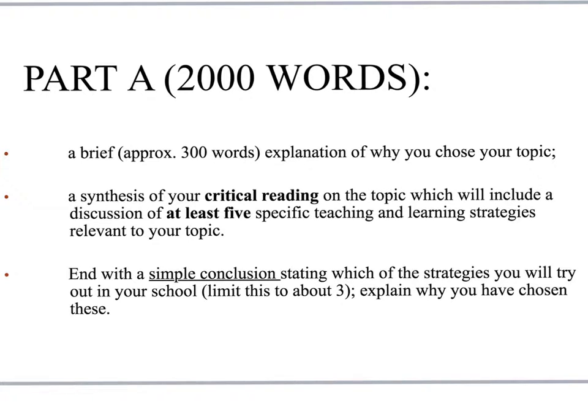How good do they seem? Why do they seem good? Are these strategies rooted in data? So end with a simple conclusion about which strategies you're going to try out in your school. And again, think about evaluative language. This seems to be the most convincing, the most promising, because.